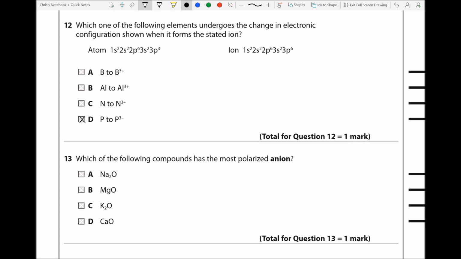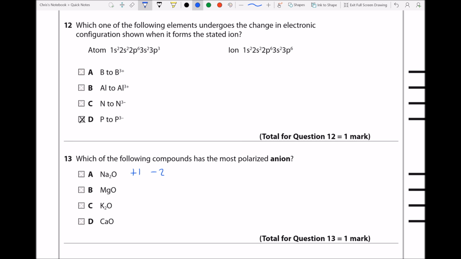Okay, question 13. Which of the following compounds has the most polarized anion? Right. Okay, so we're looking for basically something that's really polarized, so that we've got a big difference in charge. If we just write the charges of these, sodium, let's just do this in blue. Sodium is +1.